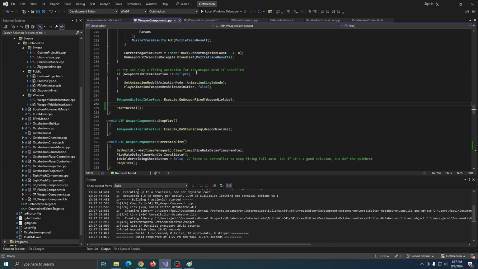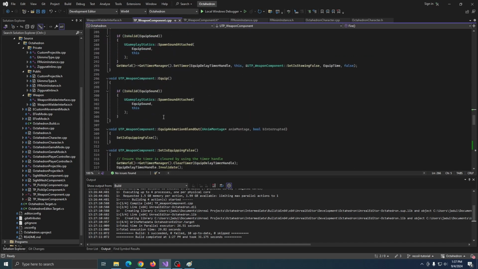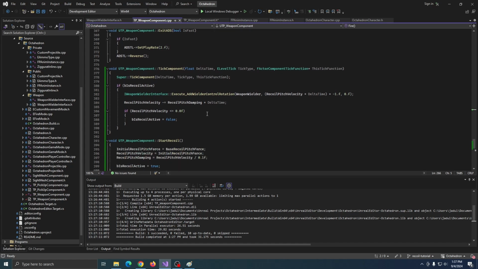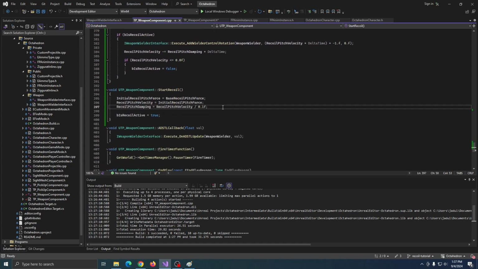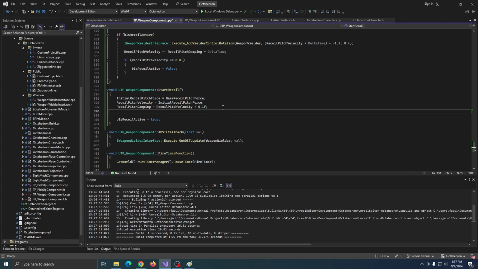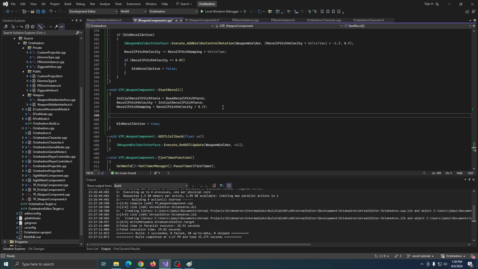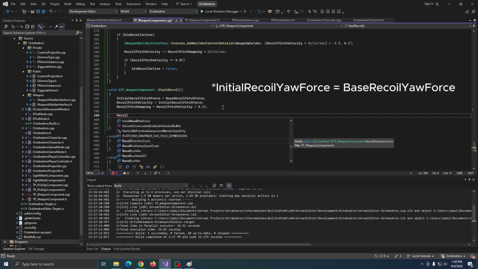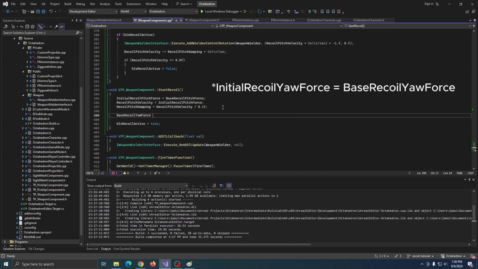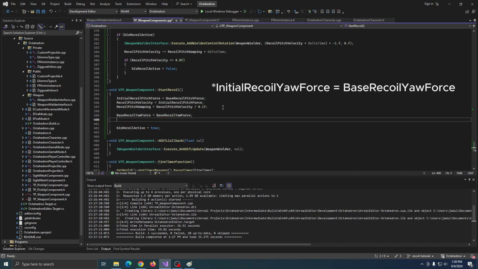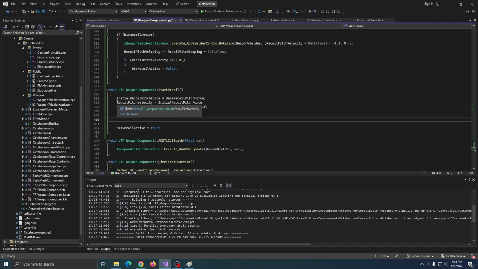And we also want to edit the recoil start. So that should be right over here. Okay, so start recoil. There's a lot that we need to write here. But basically what we want to do is add recoil yaw force, base recoil yaw force, and it's basically the same thing, I think.